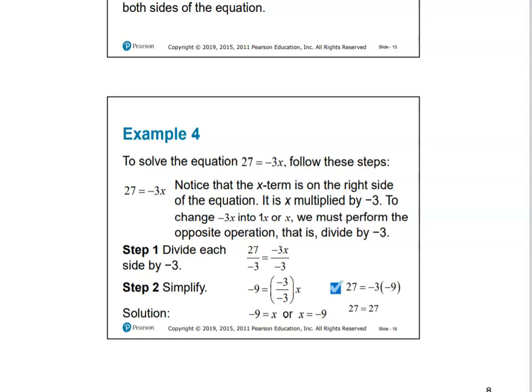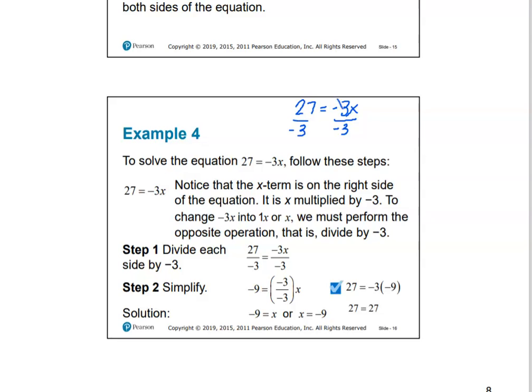So, to solve this equation, 27 equals negative 3x. We're going to go to the side of the equation that has the x on it, and since it is negative 3 times x, to get rid of it, we would need to divide both sides by negative 3.